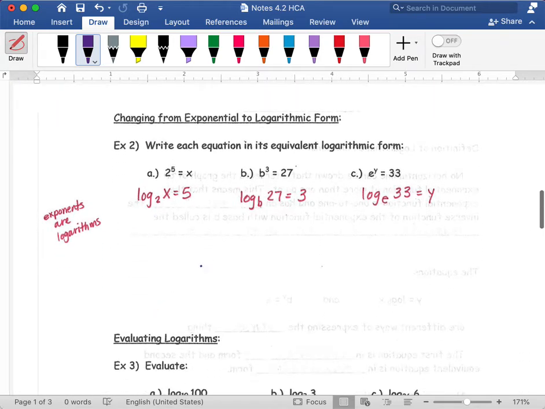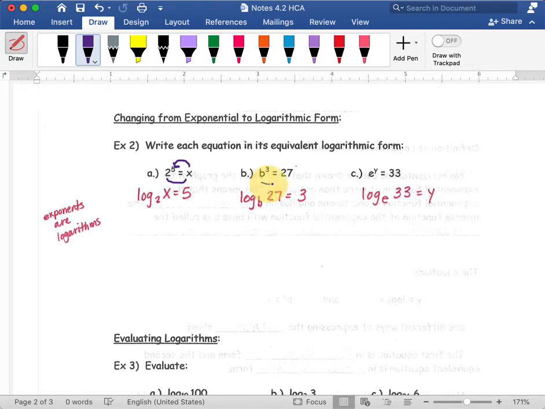All right, change from exponential to log form. Well, here I'm seeing that 2 is the base. So if log is exponent, this is going to convert into log base 2 of x equals 5. So we still have this spiral thing going on. Log base b of 27 equals 3.